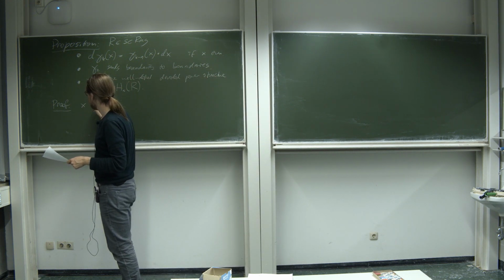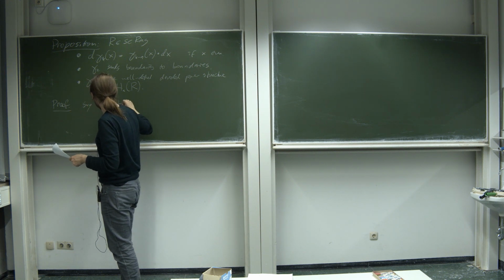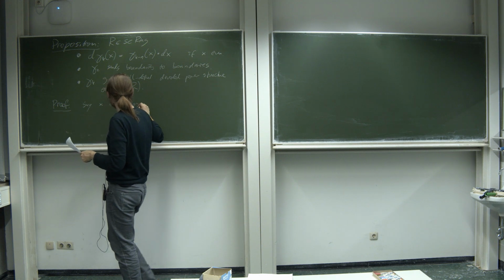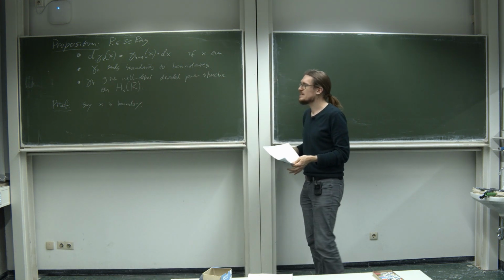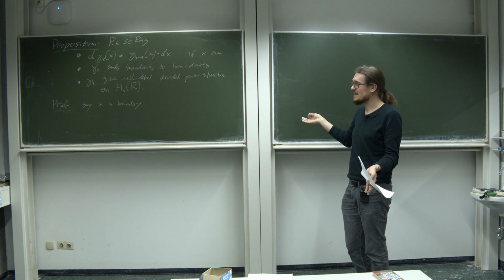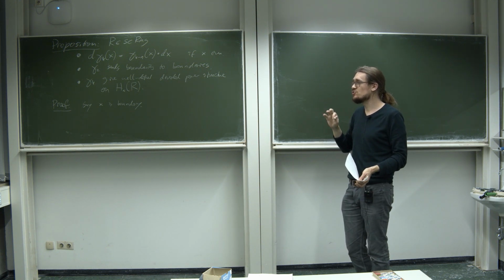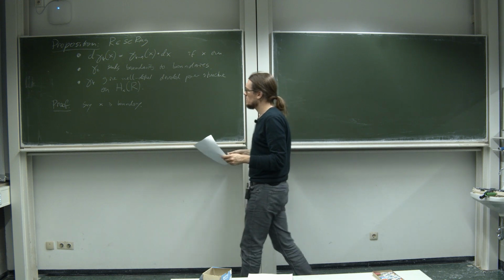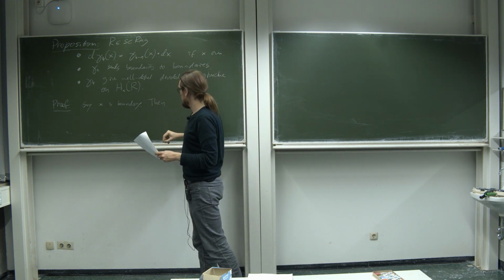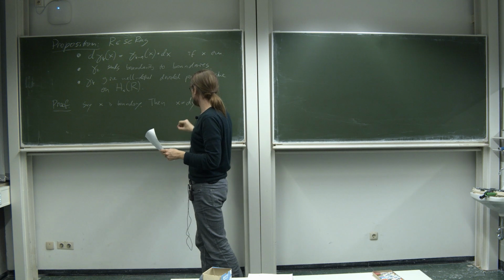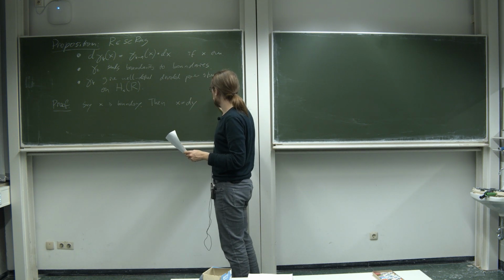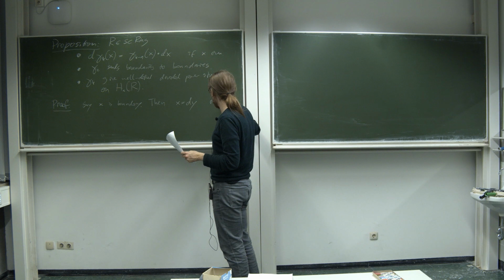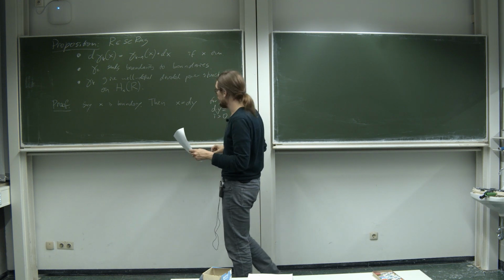Let's say x is a boundary. Explicitly, that means that we find some y such that d of y is x, but it turns out we can assume this y to have a special form. Namely, we can write x equals dy for y with d_i y being 0 for all i bigger than 0.